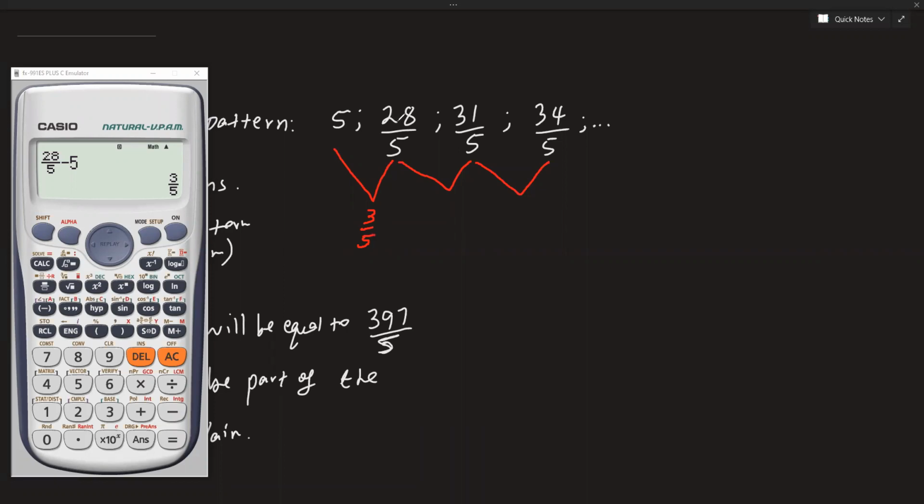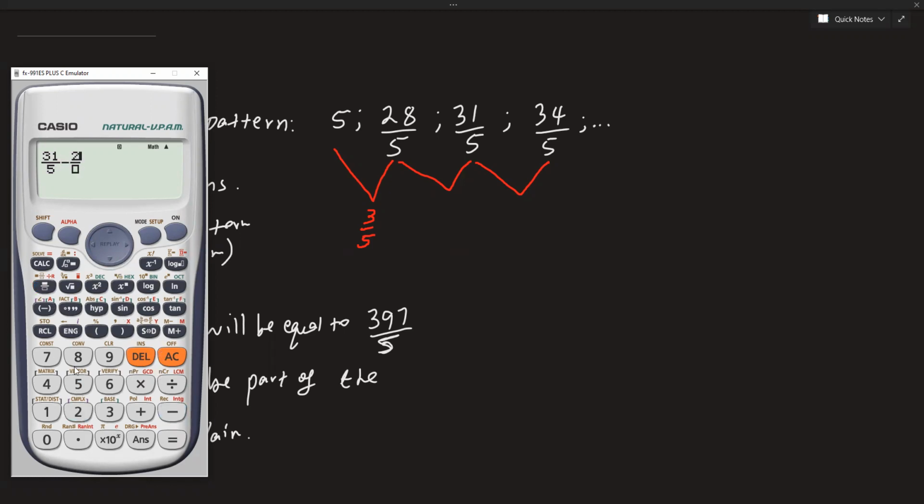Now I'm going to do this one and that one. Let's check now. That one must be 31 over 5 minus 28 over 5, T3 minus T2. I wanted to do a shortcut there, it's not working, so we'll just do it straight.